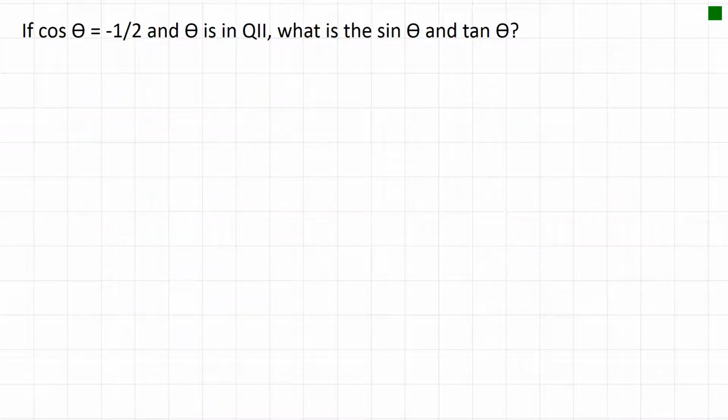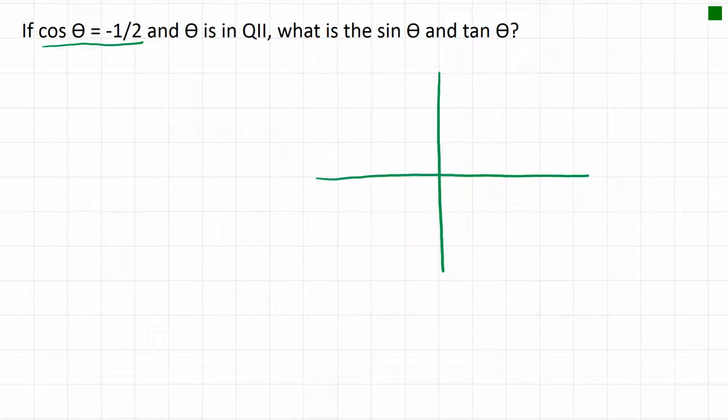So what happens if we're given the cosine ratio is -1/2? Well, -1/2, hey, isn't that one of the special ratios? Yep, it is, and theta is in quadrant 2, so here I'm going to draw it into quadrant 2. Here's theta, and I'm going to draw my triangle with the x-axis to identify the reference angle.